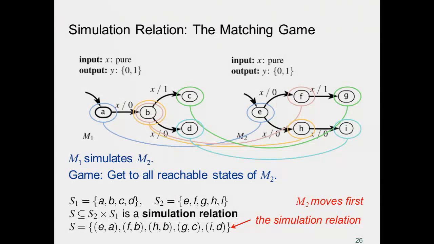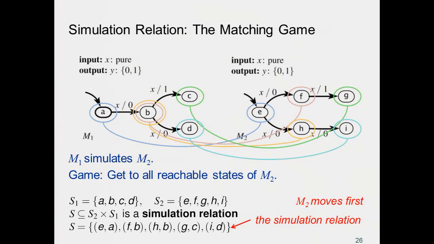Now, the next step, I'm going to C and G, because from F I go to G, so CG is okay. And then from B I go to D, and from H I go to I. So these pairs, GC and ID, are other elements of the simulation relation.